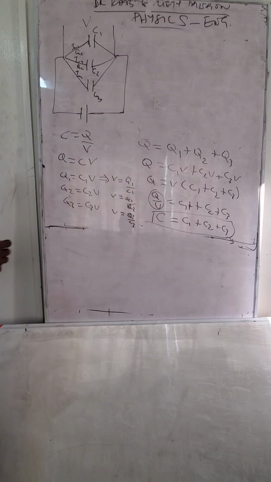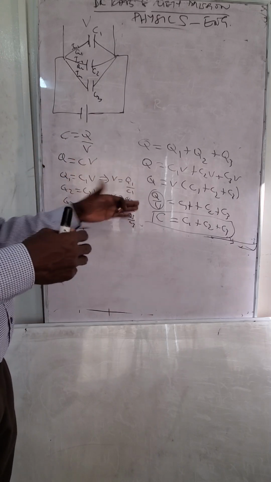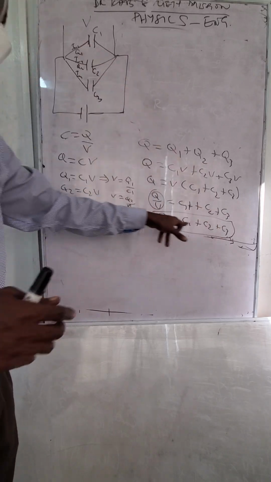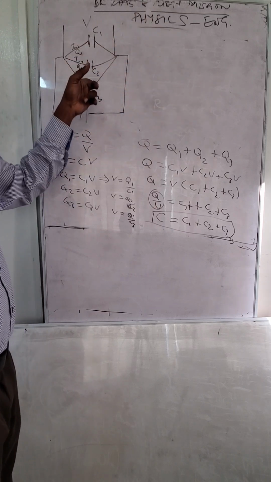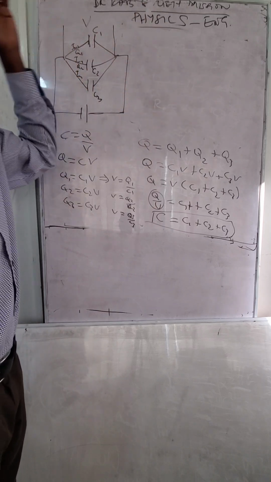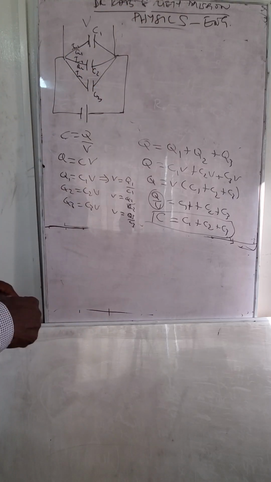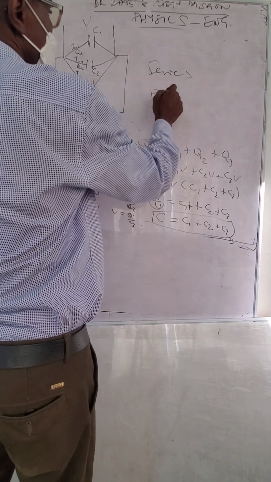The opposite is true for resistance, okay? So you can just sit down and look at the equations and then work around it, okay? But the point is, in parallel, capacitance adds straight. Resistance is reverse for parallel, okay? And then resistance is straight for series. So we have series, and then we have parallel.